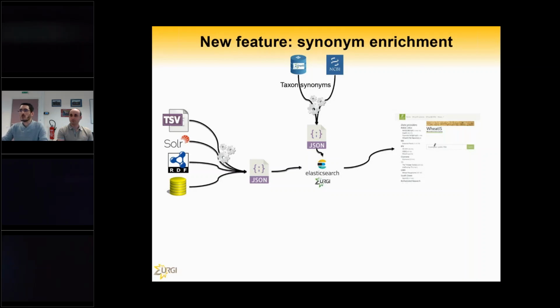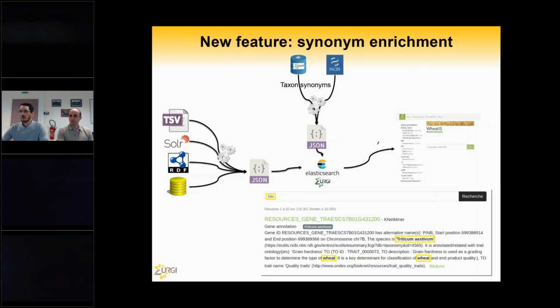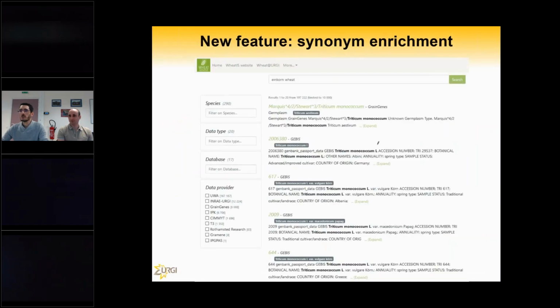So when I was entering BLE a few minutes ago, it was looking at this file, for instance, and searching for all synonyms it was finding in it. I showed that in the live demo, so I won't go back to it here. And it was a slide with the einkorn wheat and the good one without typo.